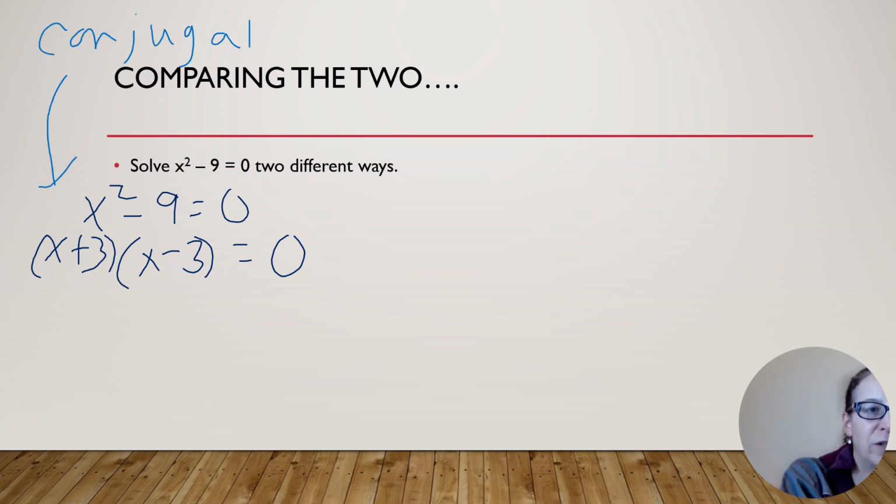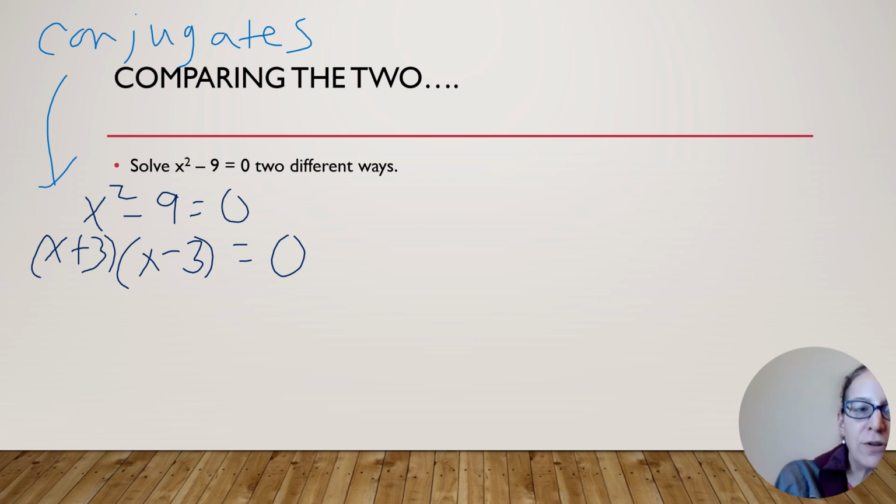Those are called conjugates. Conjugates are like having a pair of shoes or a pair of pants. They come in pairs, so you don't have one shoe, or a pair of pants with one leg. That's a little bit weird. Conjugates always come in pairs. So we talk about x plus 3 and x minus 3 are conjugates of each other. Or you could say, what is the conjugate of x plus 3? And the answer would be x minus 3, or vice versa.